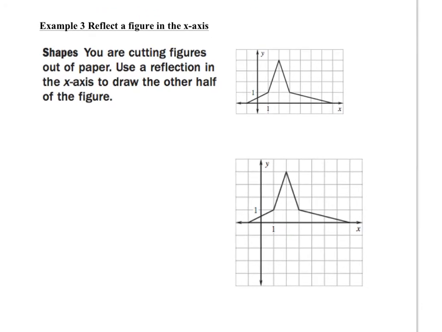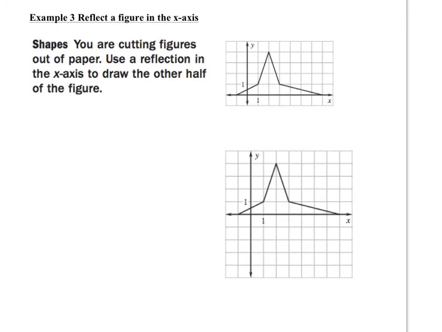And there's two ways you can do this. You can figure out the points, which is 1, 2, 3, 4, 5, 6, 7. 1, 2, 3, 1, 2, 1, 2, 3.